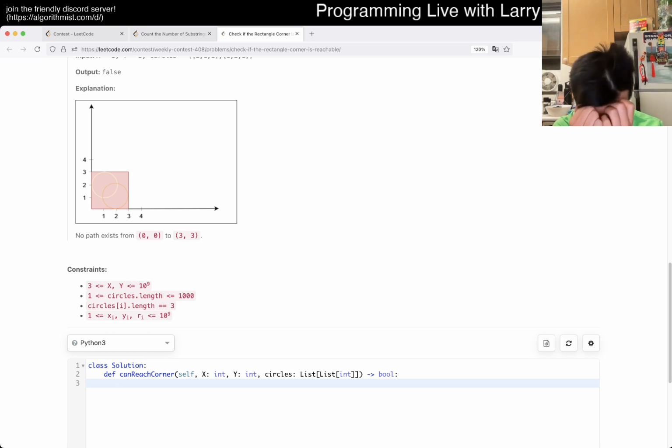Okay, so that means that now we're trying to draw edges. Okay, I think I get the idea. Okay, so then we do a sweep line to get all the things.